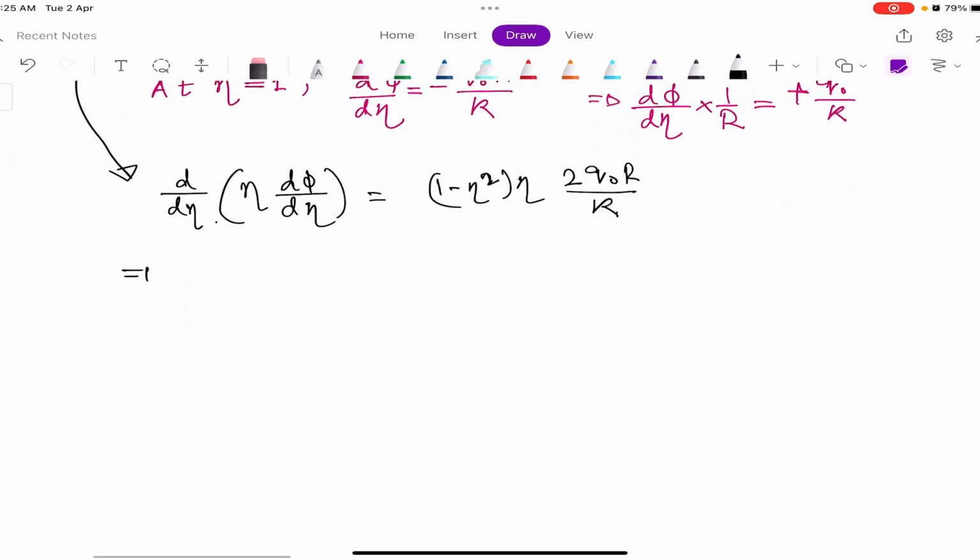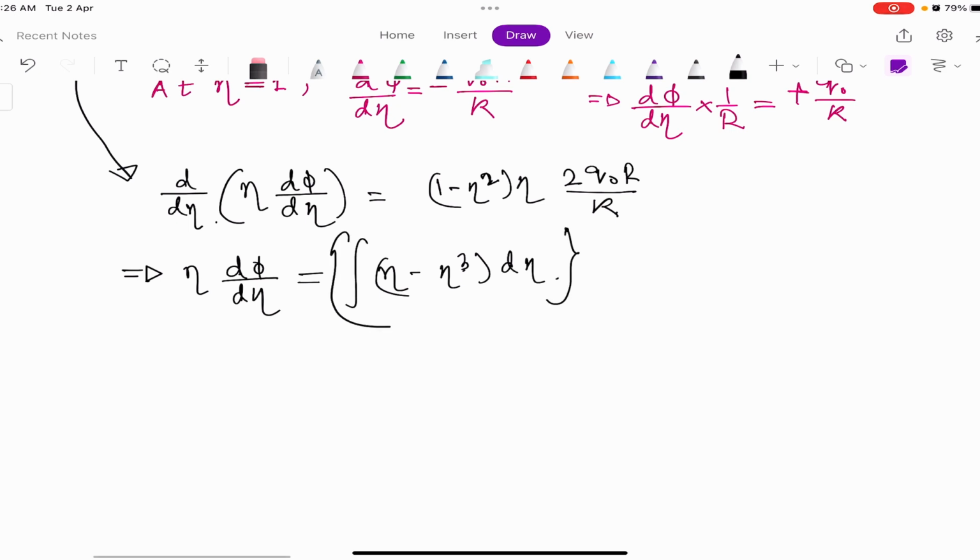We have to just be careful about the steps. So we have to integrate: (η − η³) dη, and this whole thing into 2q₀R/k plus C1.